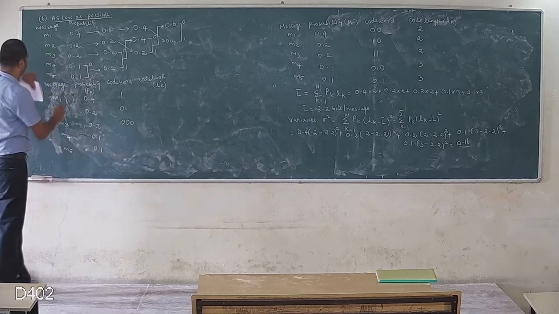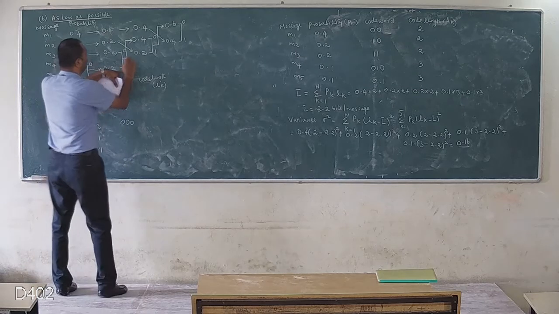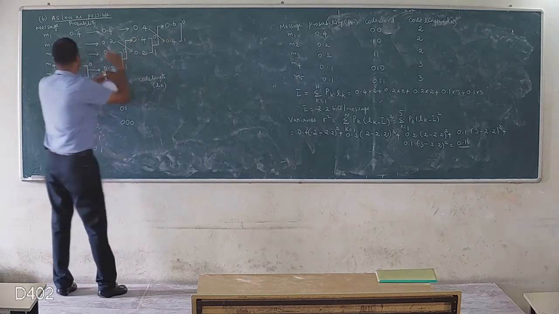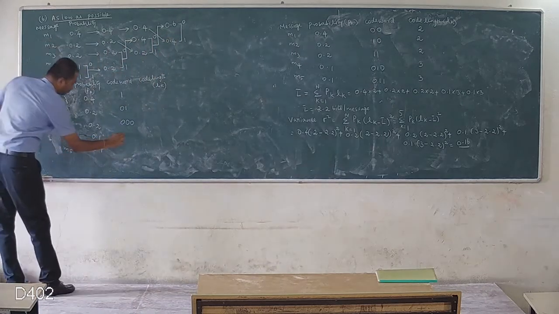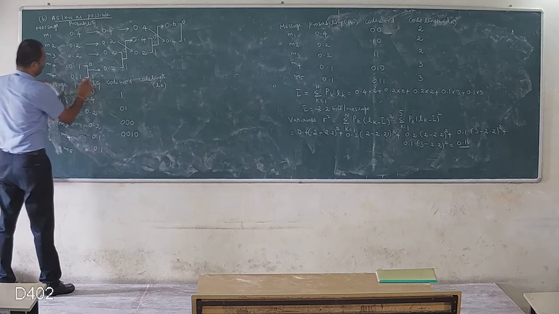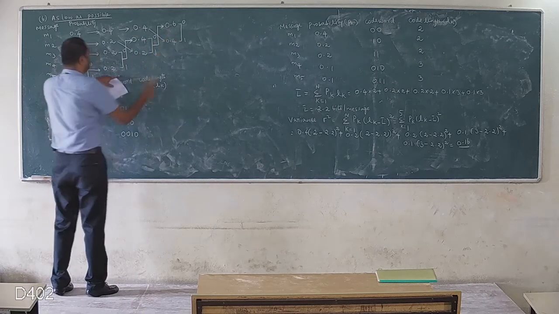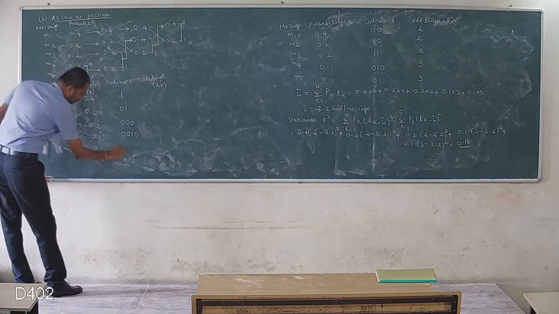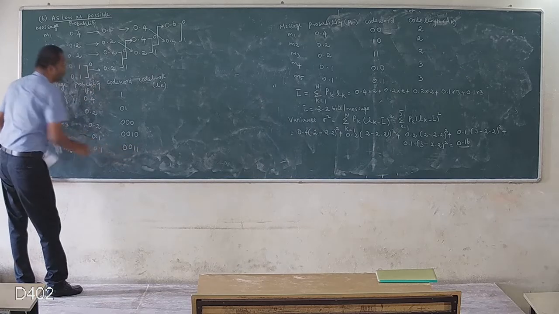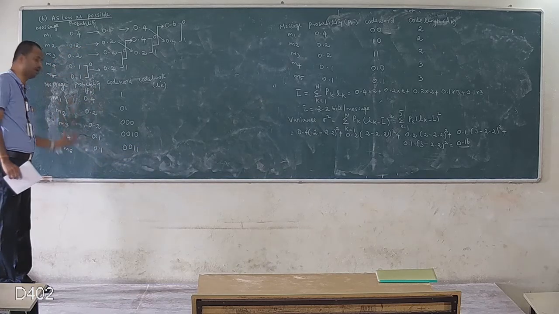For M4, 0, 1, 0, 0. So 0, 0, 1, 0. For M5, 1, 1, 0, 0. So 0, 0, 1, 1. So track forward and write it in reverse order to get the code word for all the messages.